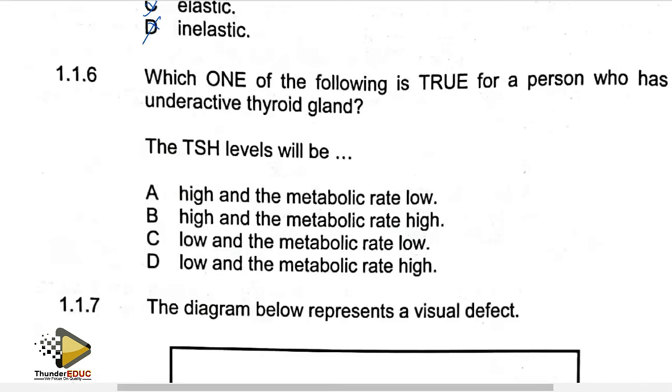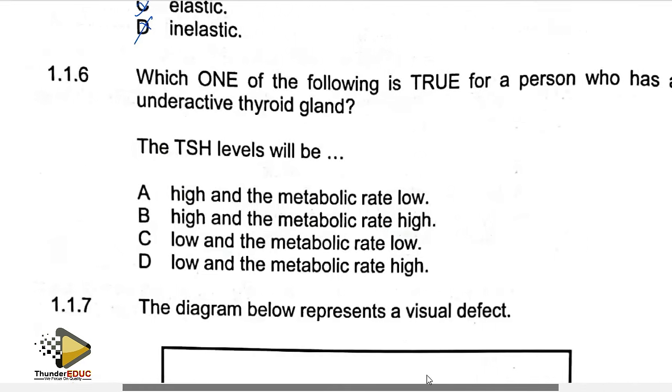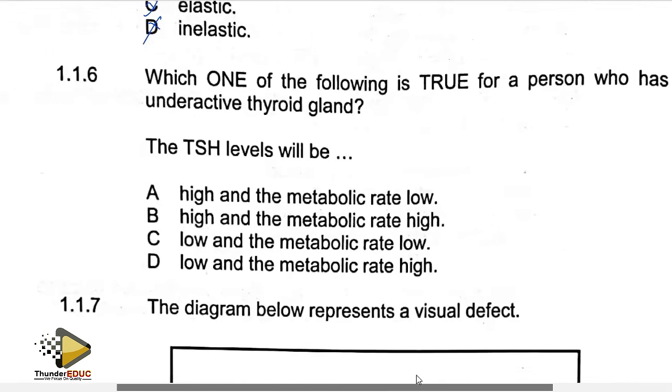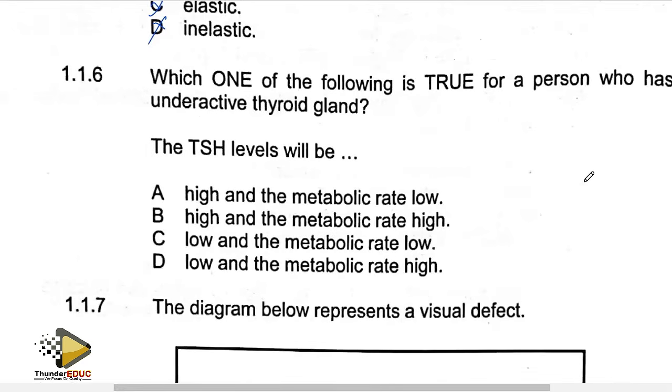Then they're saying, which one of the following is true for a person who has an underreactive thyroid gland. It means that the thyroid gland is not active. If the thyroid gland is not active, it means that TSH, which is produced from the brain, what will happen to it?